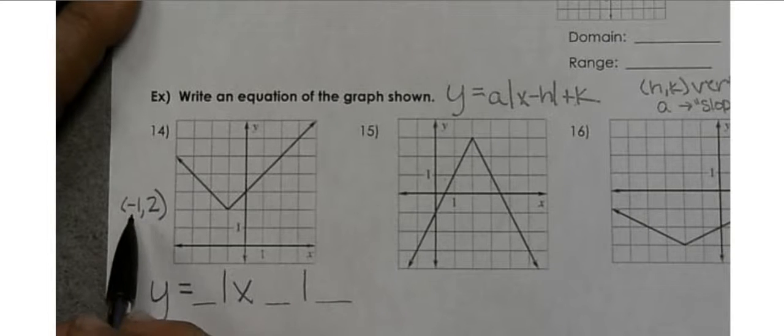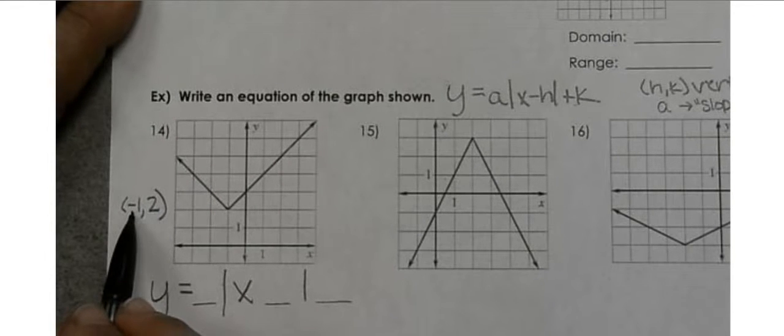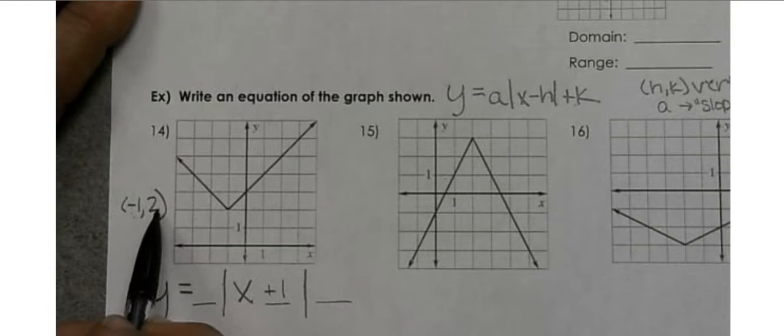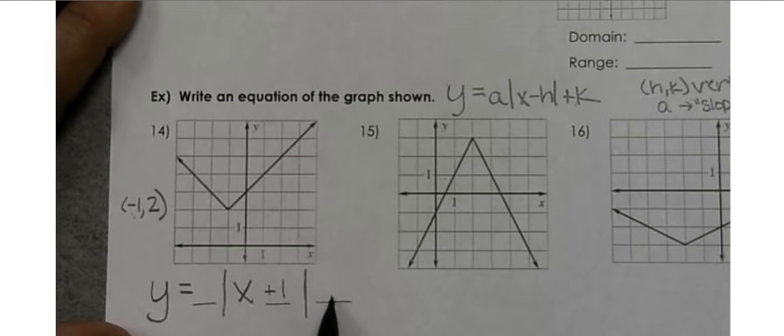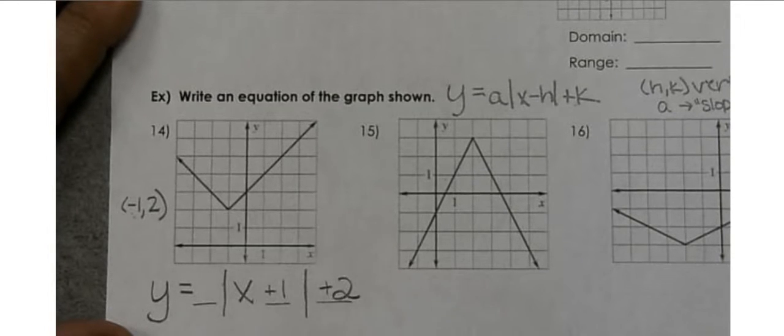Remember, the x-coordinate of the vertex goes inside, and it's the opposite of what we see. Since we saw -1, inside the absolute value we'll want to see x plus 1. The y part of the vertex is the term on the outside. That has the same sign as what we see, so that's going to be +2.